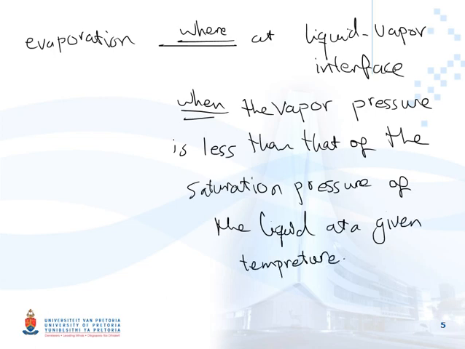Why? Because we know that based on the table at the end of the textbook, for different temperatures there are different saturation pressures. So basically when it happens, P vapor less than P saturation liquid. Okay, so now we understand the differences between boiling and evaporation.